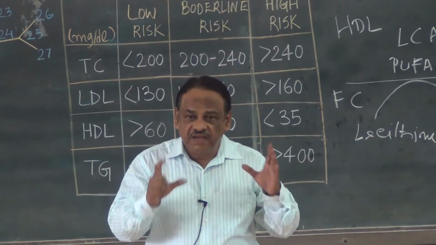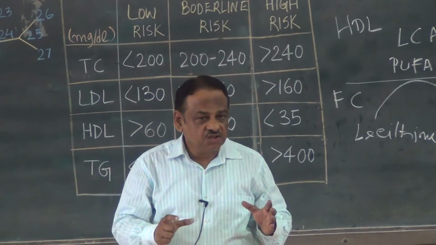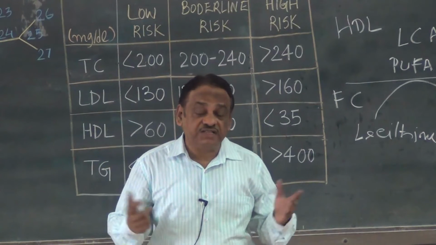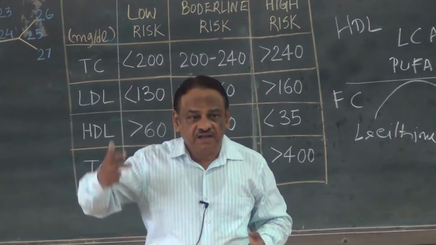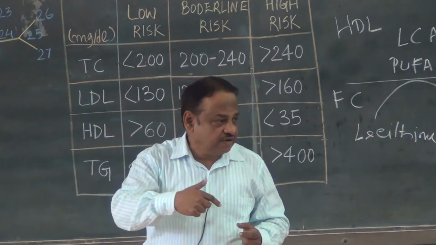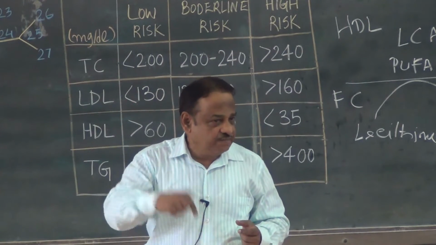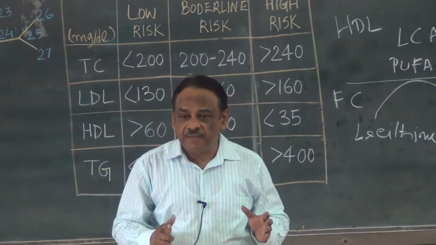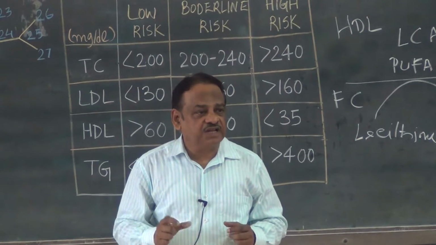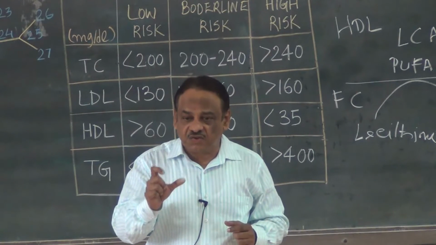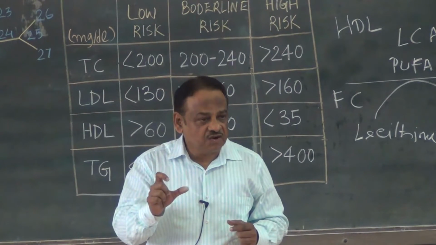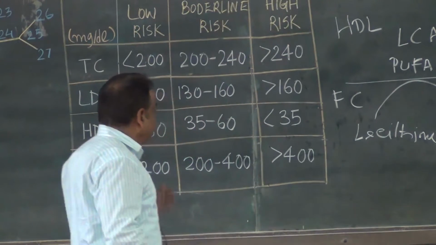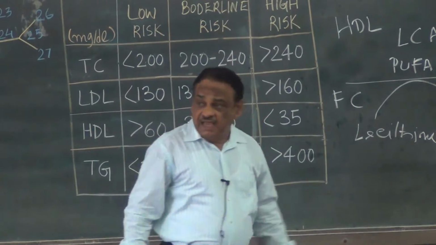There should be enough HDL present so that reverse cholesterol transport can be done. What is reverse cholesterol transport? It is from the peripheral tissue back to the liver. That is done by high density lipoprotein. So it is better to have high density lipoprotein so that your cardiovascular diseases can be prevented. Right? So this was a talking point of that.